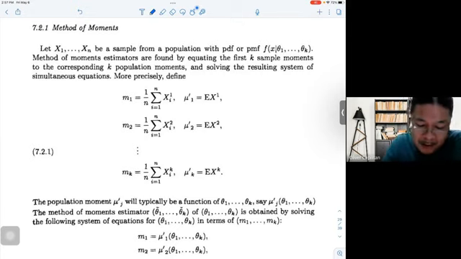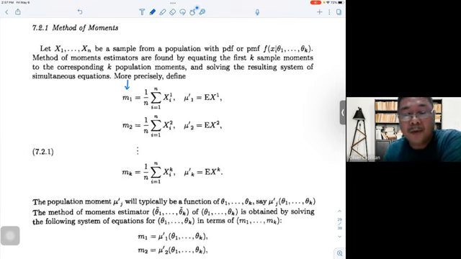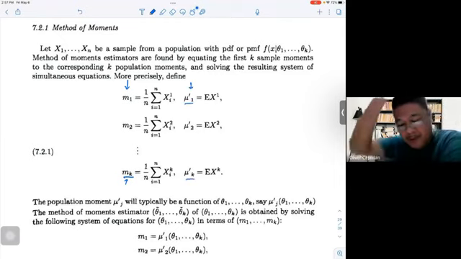These are our sample moments denoted by M1, M2 up to M sub k, where this is the kth sample moment, and we equate them to our population moments. This is the first population moment, and this is the kth population moment.